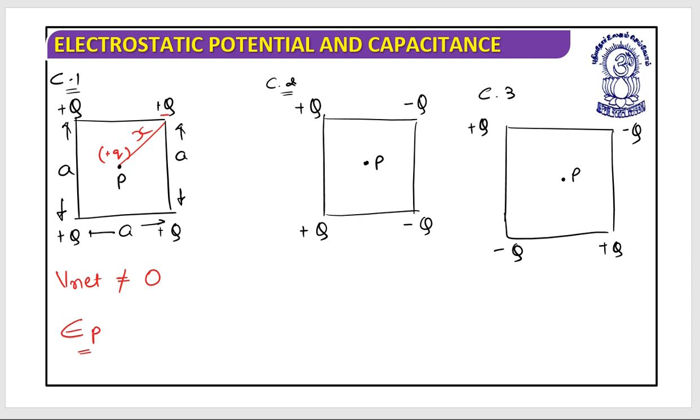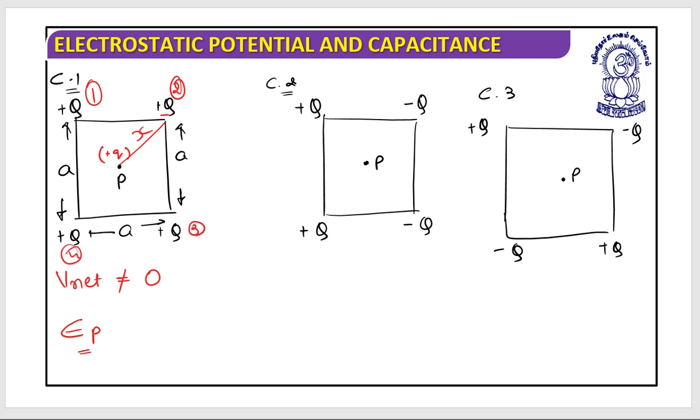So what is the value of electric field at point P due to a point charge? Do you remember it? Yes, it is k multiplied by charge divided by the square of the distance between these two. It's kq divided by x square. Let's give the numbers first.